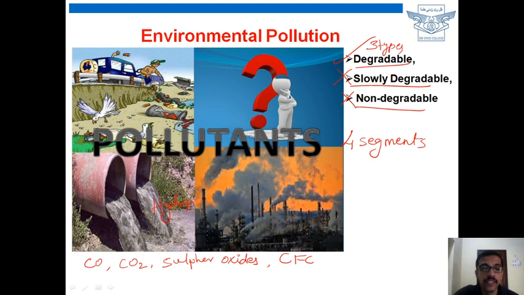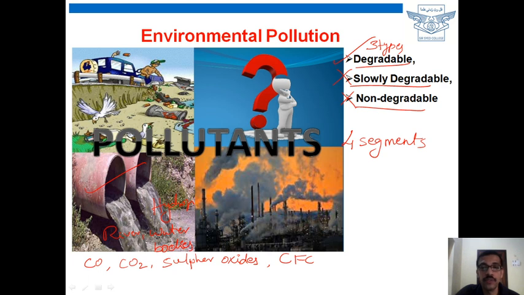So these things cause the pollution of rivers and other water bodies, river, sea, even the groundwater also. Then you have solid waste from the industry, which is also causing different kinds of pollution.